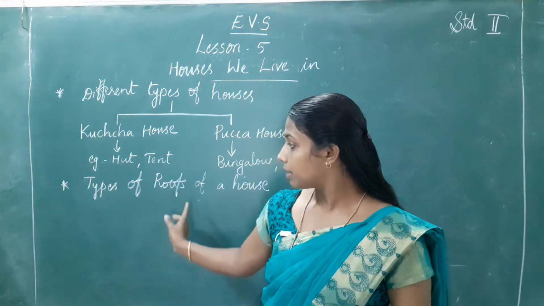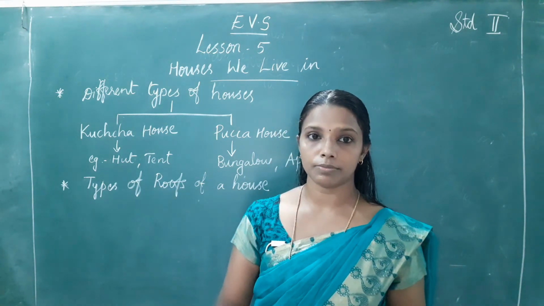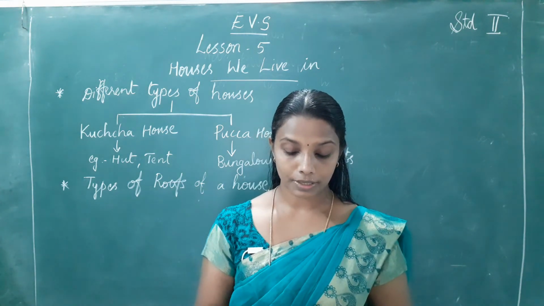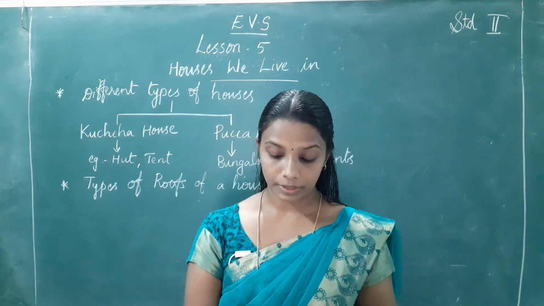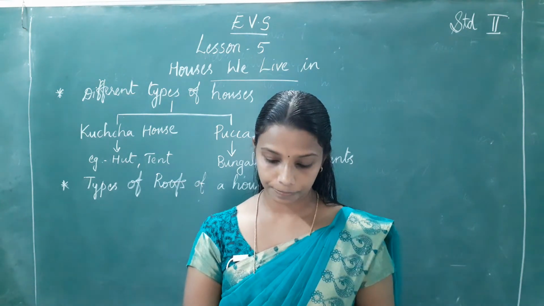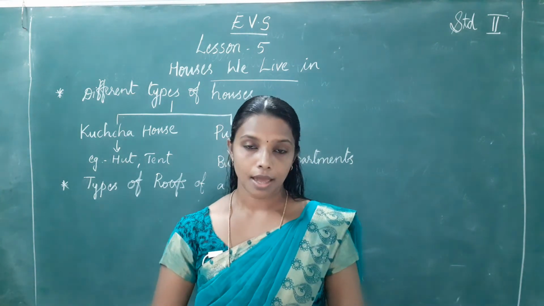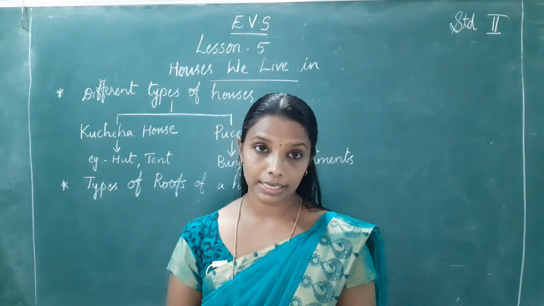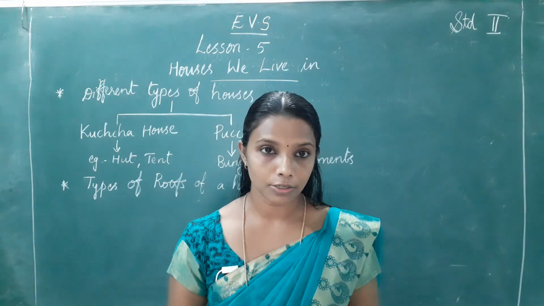And next, types of roofs, mainly two types, flat and sloping. Flat roofs you can see in the plains, and sloping roofs can be seen in the hill stations. All of you understood this much?